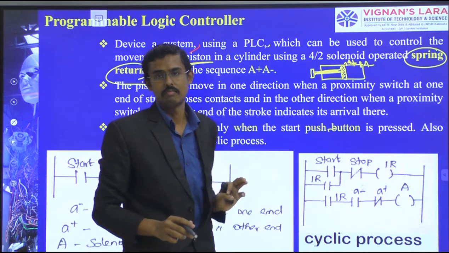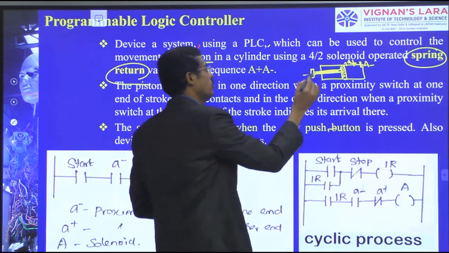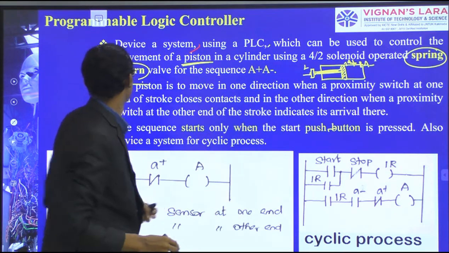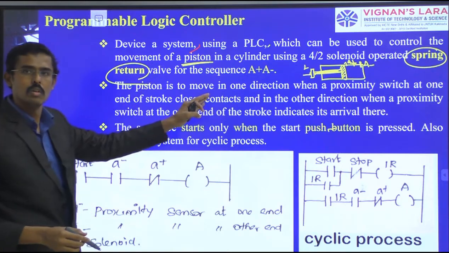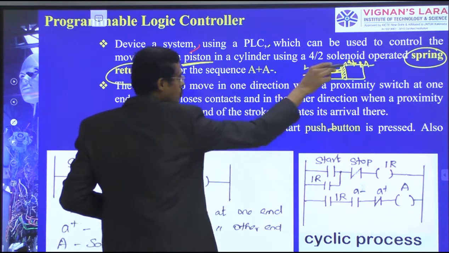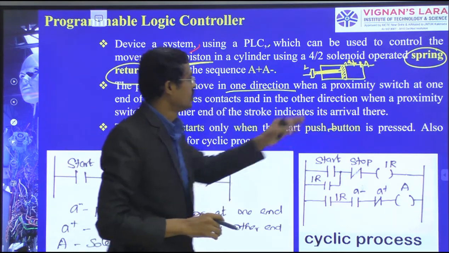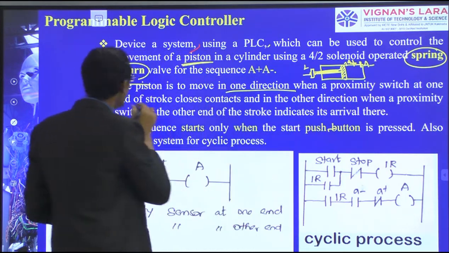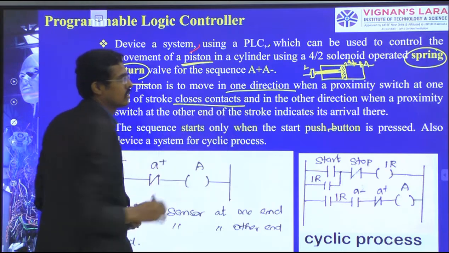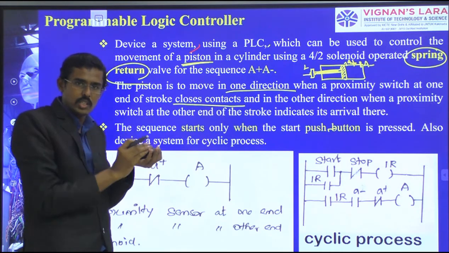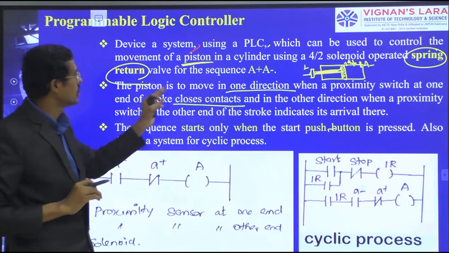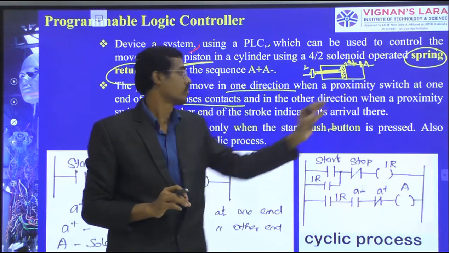When it is started, when it is given the force, here the force of starting. So we will do now. The piston has to move in one direction when the proximity switch at one end of the stroke is closed contact. When it is started, closed contact occurs, it should move in one direction.